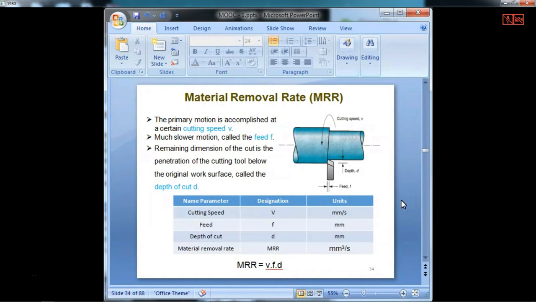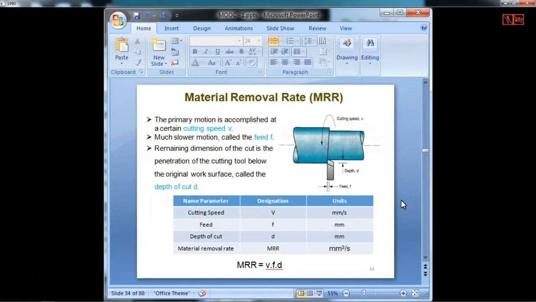Generally people want to remove as much material as possible in the shortest possible time, so that you can complete the work fast, but that generally doesn't work that way. So what people do is, in the beginning we give what is called a coarse cut, where the depth of cut will be more, and then we slowly rotate the workpiece and remove the material. In that case the amount of material removed will be more, but the surface finish will not be good.